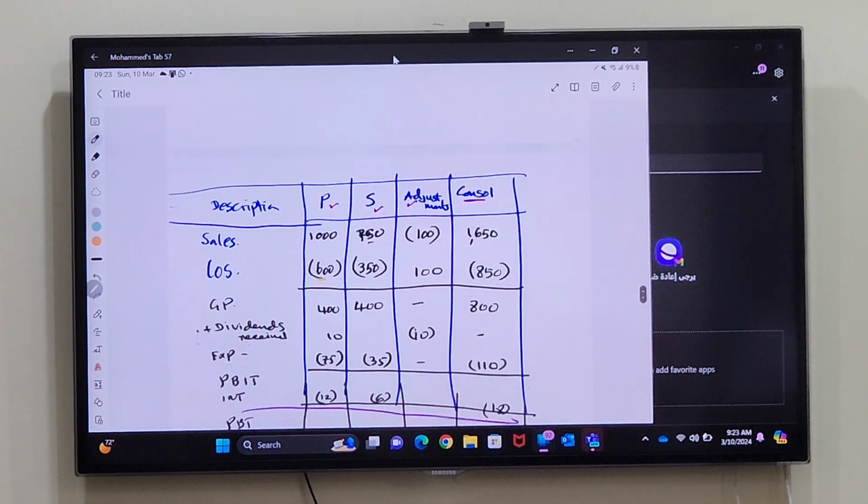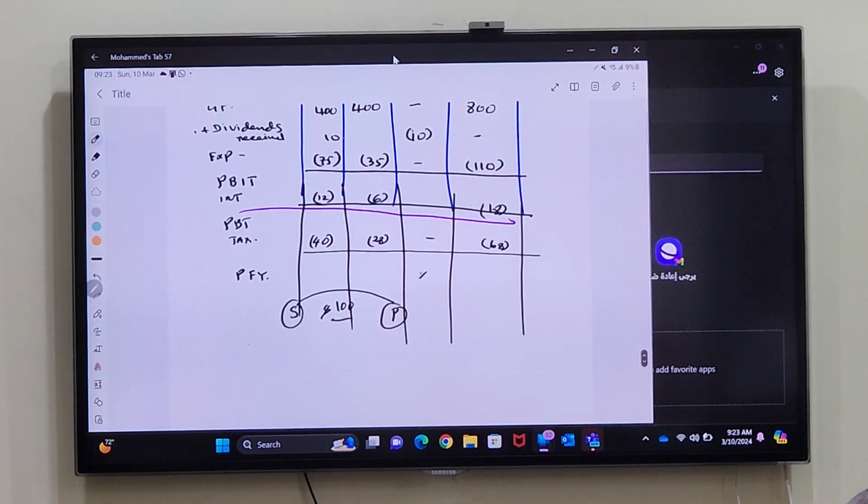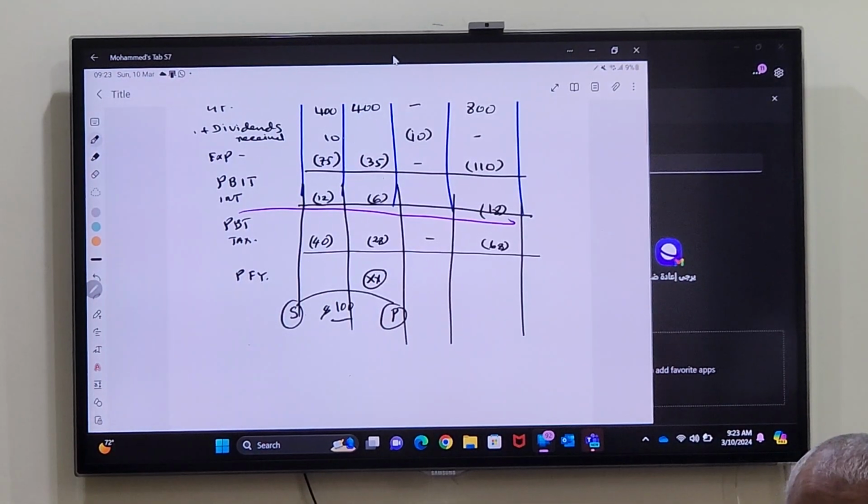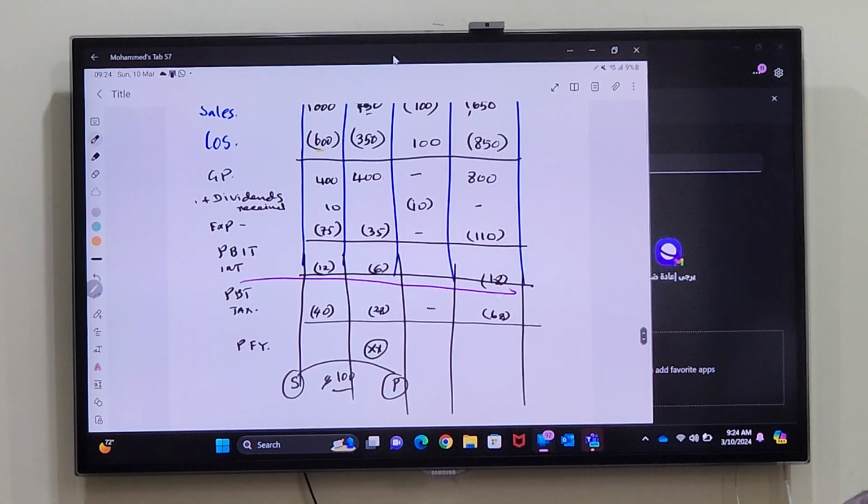Now that profit of the subsidiary is the answer coming here. On this profit, a percentage should be given to whom? A percentage should be given to the non-controlling interest shareholders, right? So let us just balance this.